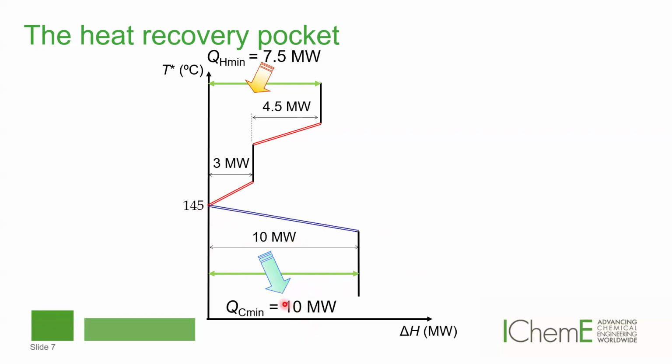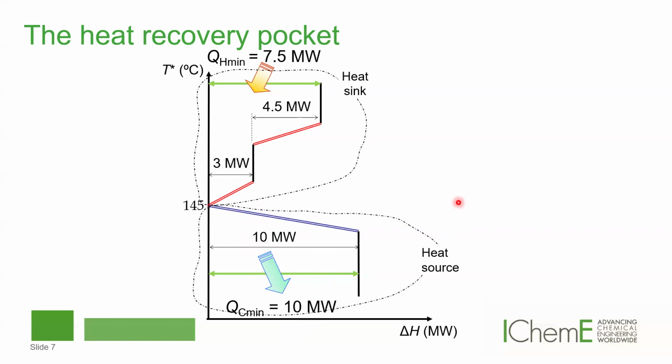Again, the direction of this segment is to the right, so there's energy generation, and the slope is negative, right? So there's no energy recovery needed, but there's excess energy that needs to be removed using cooling water, right? And that's equal to the 10 megawatts that we identified through targeting. Okay, so this is the heat source and this is the heat sink.